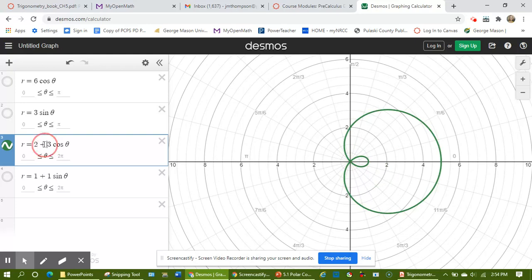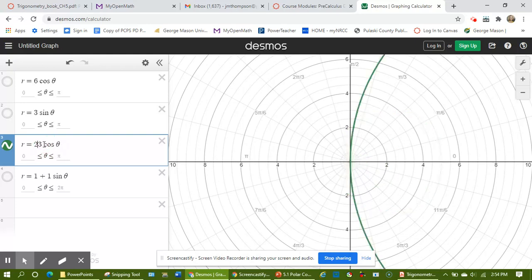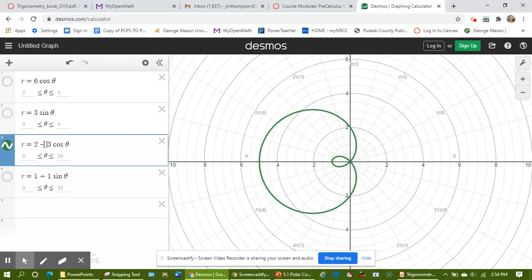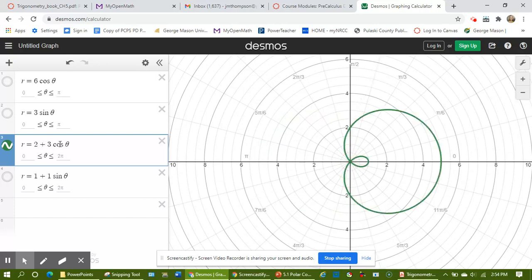And you could put a negative in here, and it would reflect it. All right, so now this is a cosine limacon, and like with the circle equation, your cosine limacon is going to be oriented on what we think of as the x-axis like this.